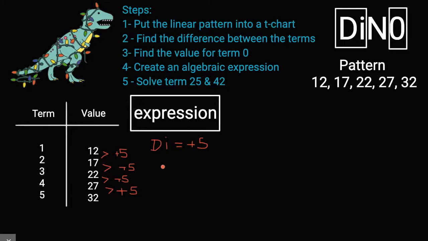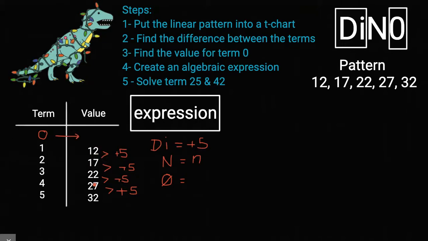The n represents our variable, which again, we're just going to use n. You can use any variable you want, so if you don't like the letter n, you're welcome to switch it to x, t, d, anything that you like. And then now we're looking for term 0. So term 0 is before term 1. So I'm going to add a 0 here and try and figure out what this number is.